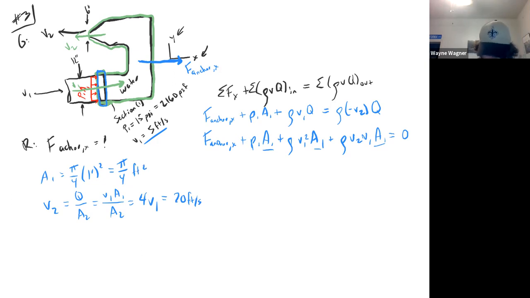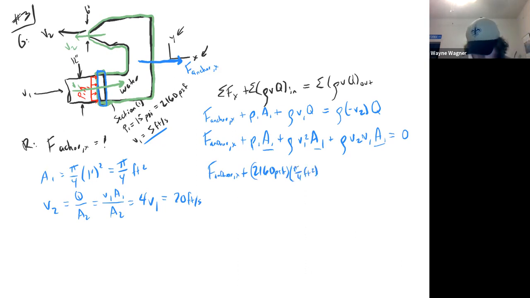Okay, and I think that means that this is just a plug and chug now. Okay, so F anchor in the X equals, plus P1, which is 2160 PSF times the area, which is pi over 4 feet squared.